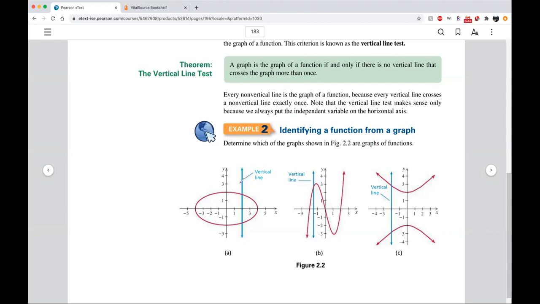Why? Because the vertical line meets the circle more than once. And then B, this is the graph of a function, because this graph passes the vertical line test: the vertical line meets the graph just once. And then C, we get two intersection points, so the graph in C is not a graph of a function. Okay, now I'll move to the next example.